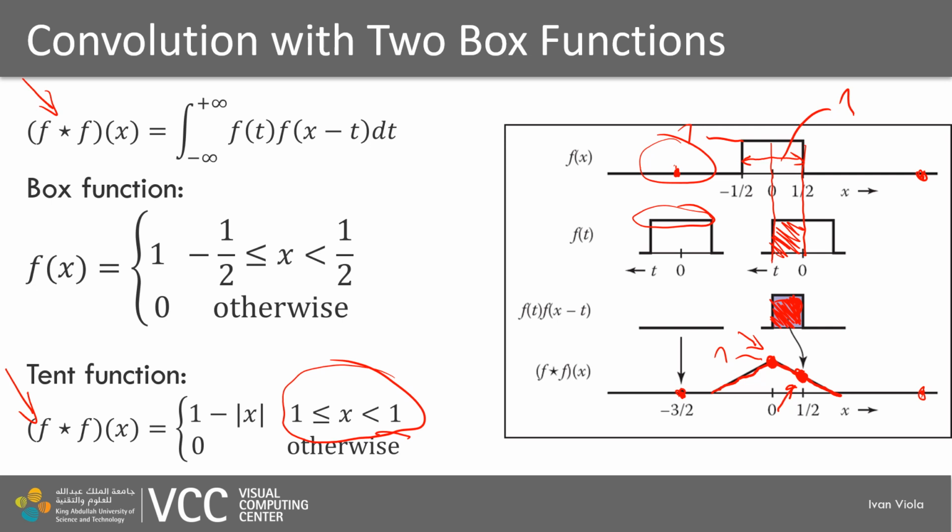The value of the tent function at a particular location can be computed from this equation, where we can see that it will always be non-negative.